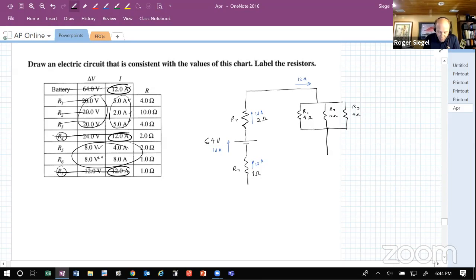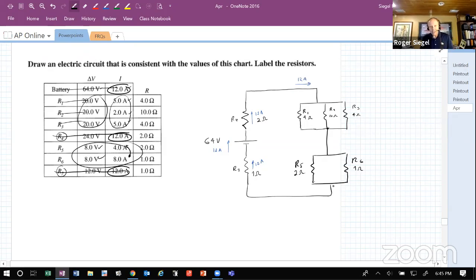They have the same voltage drop, which suggests they might be in parallel, and the sum of their currents is 12. Well, that's the overwhelming evidence right there. So we're going to draw these two. We're going to have R5 out here, and that is 2 ohms, and R6, and that is 1 ohm. And that comes back to here.